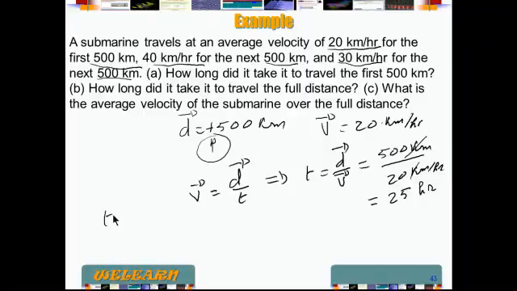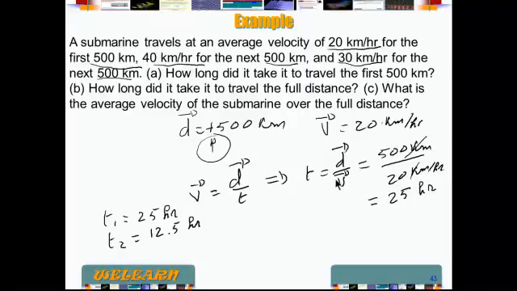Okay, so time 1, we just calculated it, 25 hours. We can calculate the time for the second segment using the same method here, or knowing that he's moving twice as fast, the time is going to be half as much, 12.5 hours.